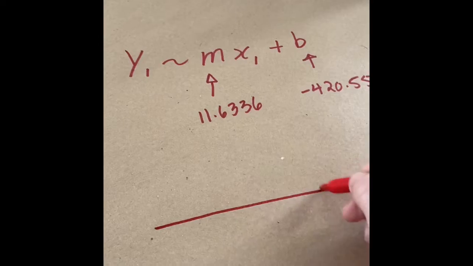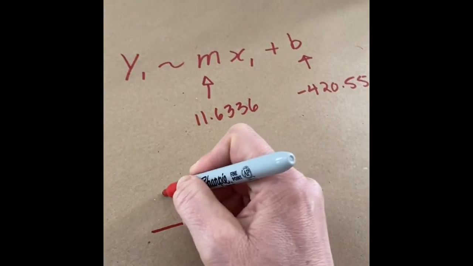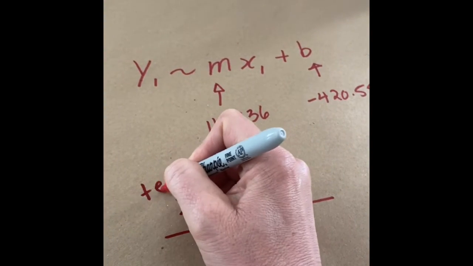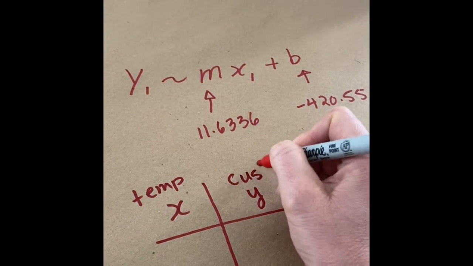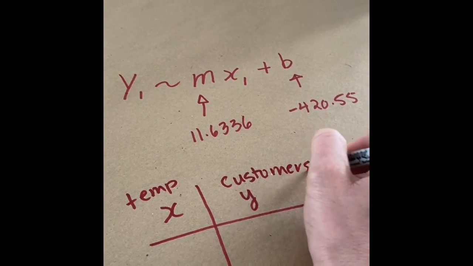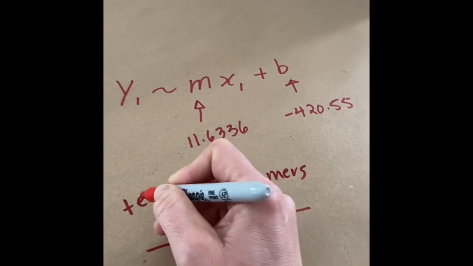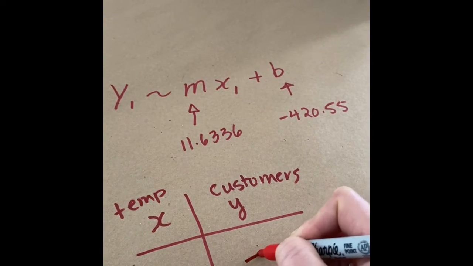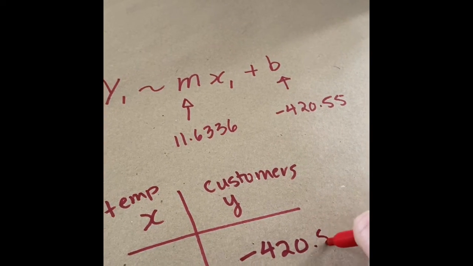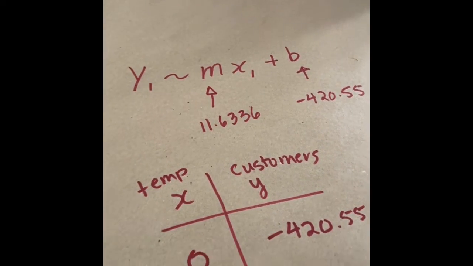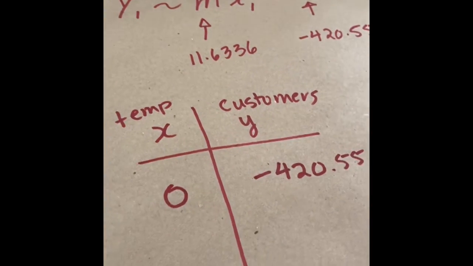That means if I was making a table of values, and this was my x, and remember x is the temperature, and this is the y, this is the customers. At the beginning, we always start with 0. If the temperature is 0, you should have negative 420 customers. That's kind of a silly number, but it does make sense that if it's very, very, very cold out, no one's coming to get ice cream.